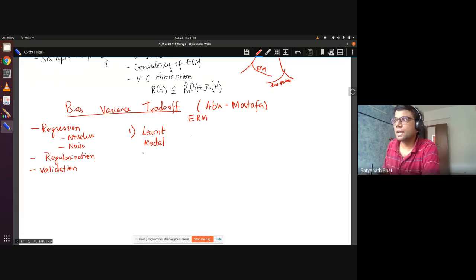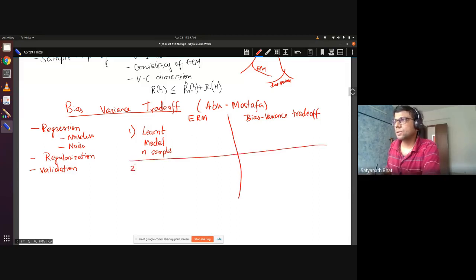The learned model based on n data samples. Then we also have the best in the bag.